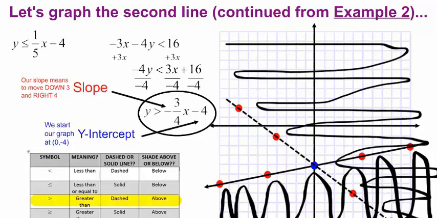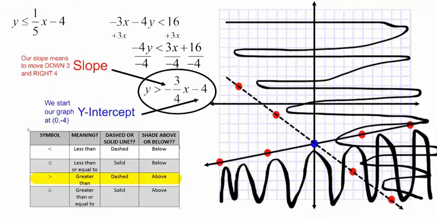We start at -4. And our -3/4 slope tells us that we're going to move down 3 and to the right 4. So from that -4, we're going to move down 1, 2, 3, to the right 1, 2, 3, 4, and follow that pattern to graph our line.